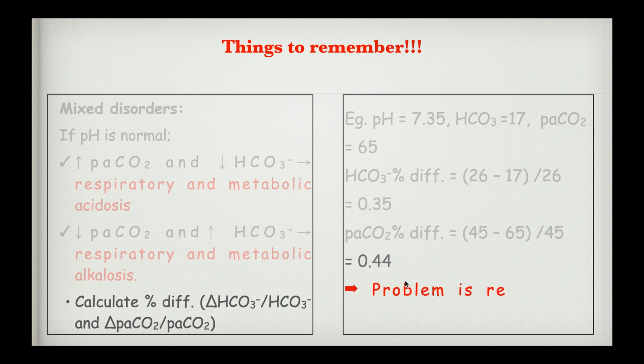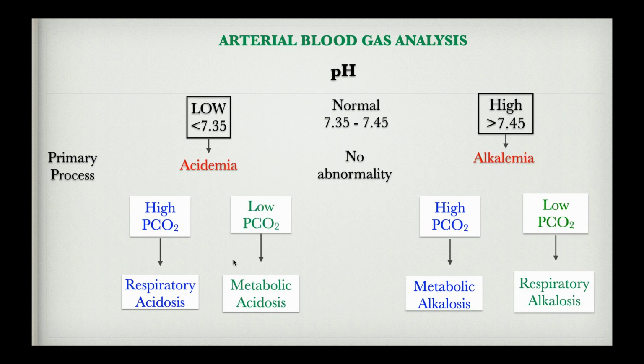And so we can conclude that the problem is respiratory in nature. And so this patient may be having respiratory acidosis. Now, anytime you pick your arterial blood gas report, the first question you must ask yourself is, is there acidemia or alkalemia? Any pH which falls between 7.35 and 7.45 is normal, and so there is no abnormality.